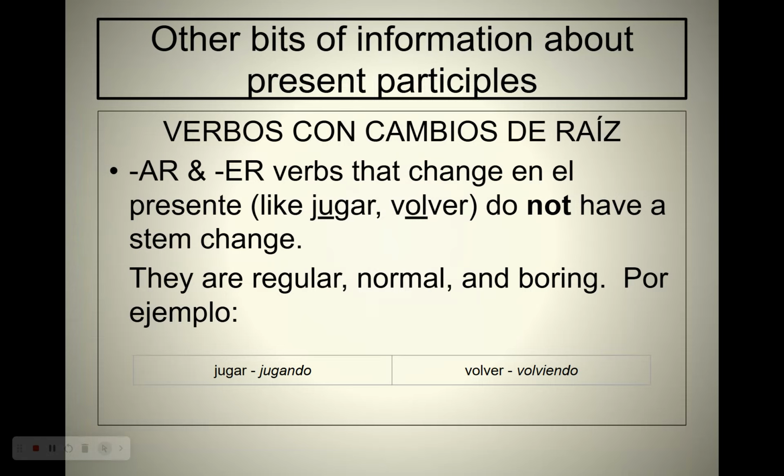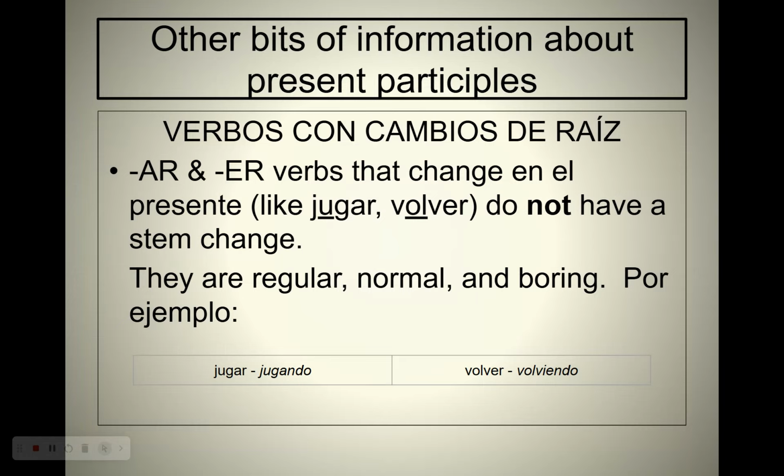Of course, we have a few wonky things as well, and you'll notice that a lot of these changes here or lack of changes are very similar to what you do in the preterite. So this should be somewhat familiar to you. Hopefully once you see it, it might ring a little bell. So para verbos con cambios de raíz, stem changing verbs.